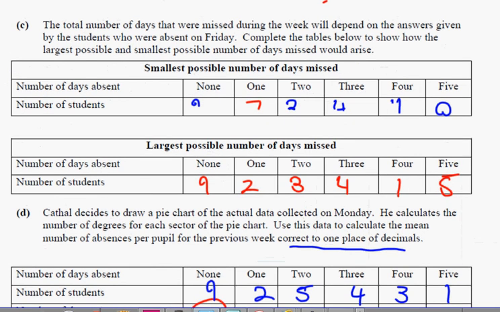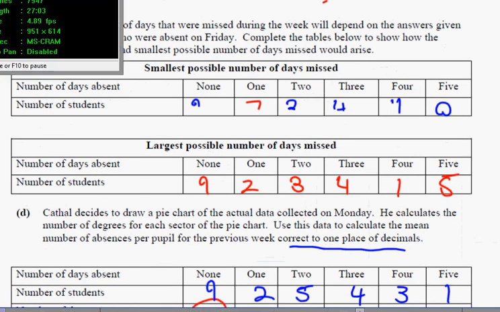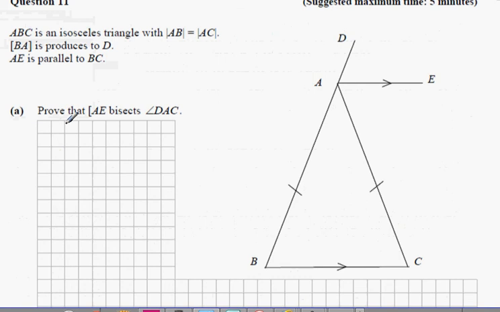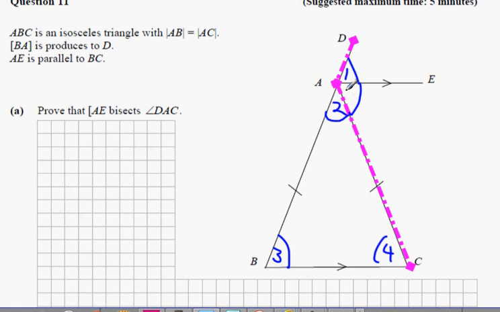Okay. Now lads, I have now, number 11. Prove that the angle AE bisects DAC. What I'd like us to do is mark off each angle with a number to represent it. Okay? So what you want to prove is that the angle DAC, which is marked here in pink, is cut in half by these two angles here.